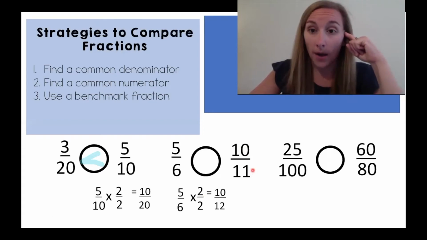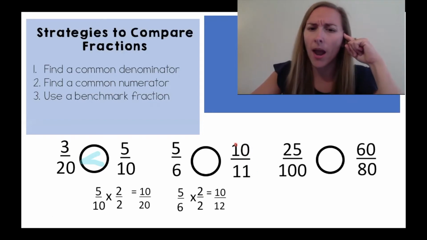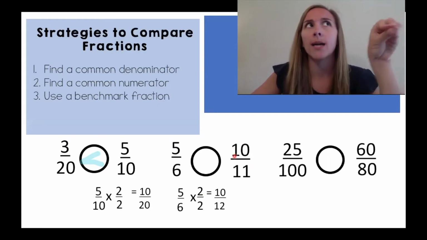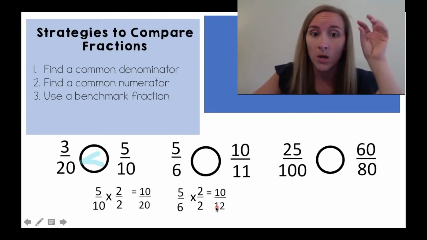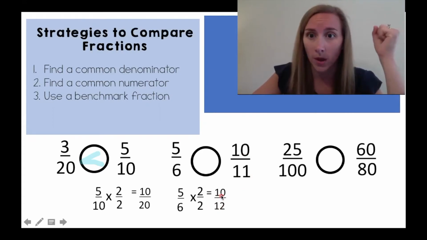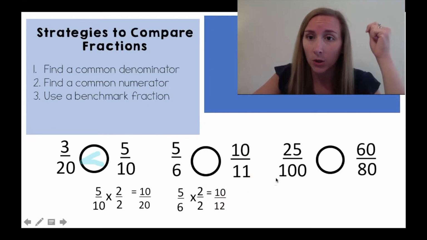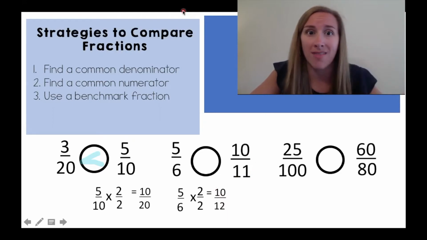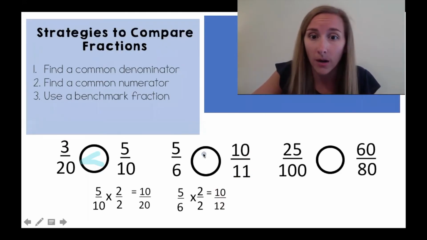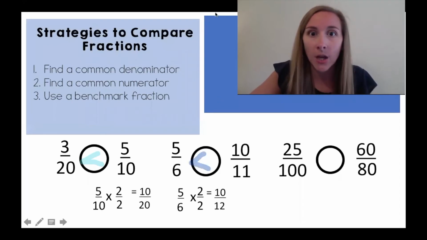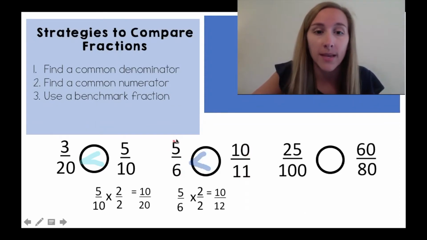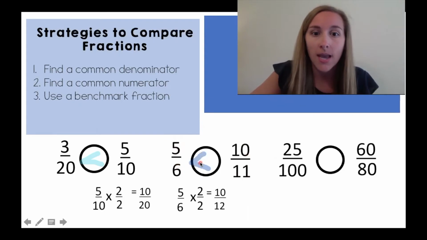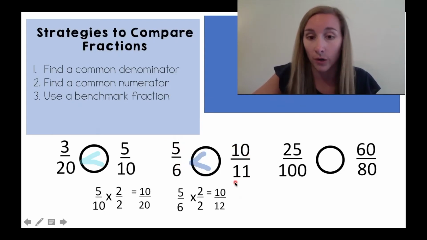Now, as I think about this, what I like to do is think about how many parts I am away from being a whole. Here I'm only 1 part from being whole, and here I'm 2 parts away from being whole. This is closer to being a whole, so in that sense, it has to be greater, right? 10 over 11 is greater than 5 over 6. Really, the correct way to read this would be from left to right. So 5/6 is less than 10 over 11.